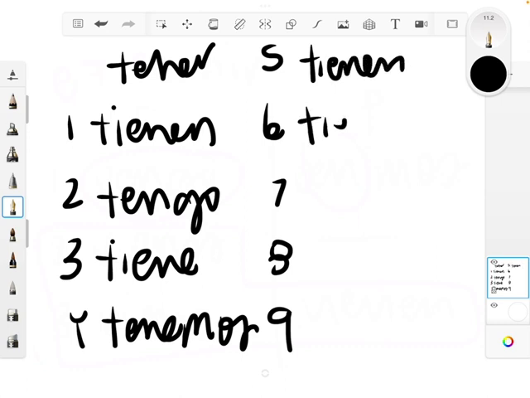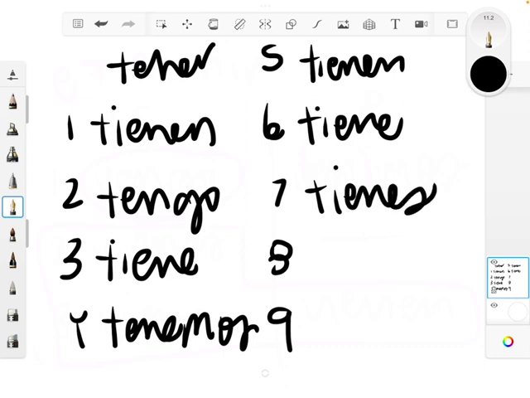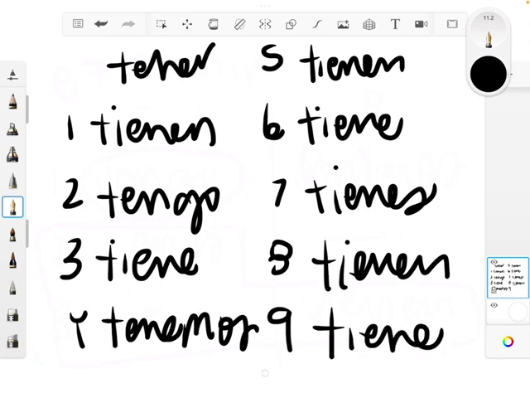Usted tiene 5 nietos. Tú tienes 2 hermanastras. Ustedes tienen 4 hijos. Ella tiene una hija.